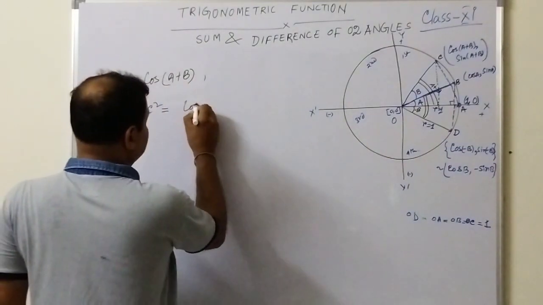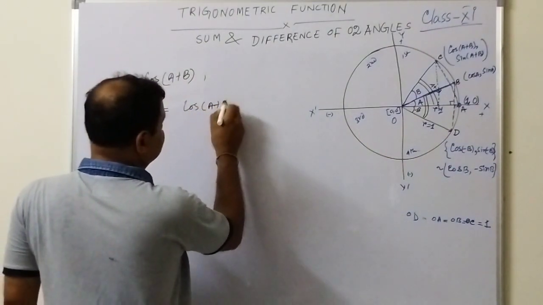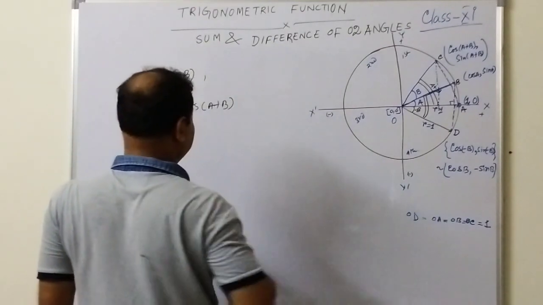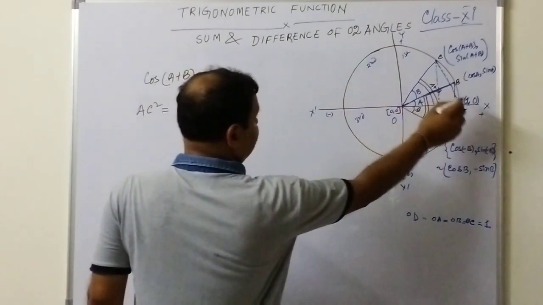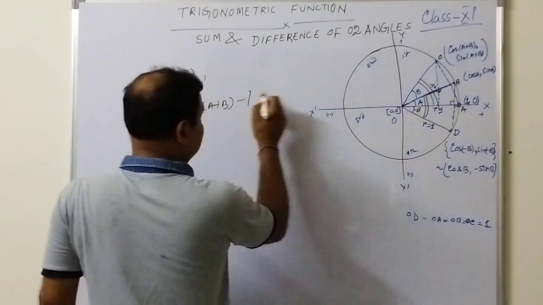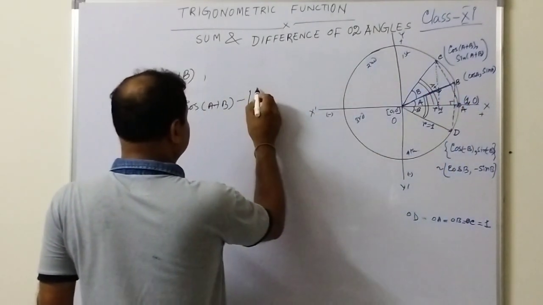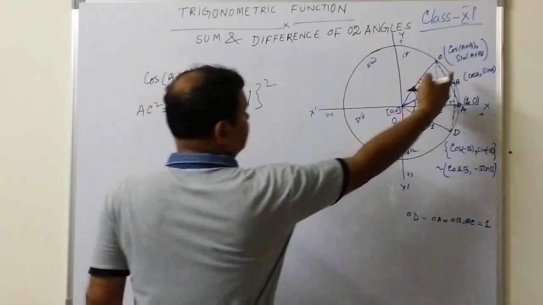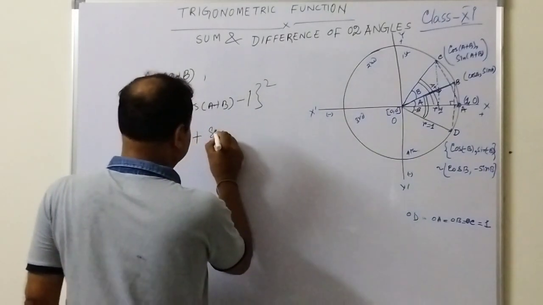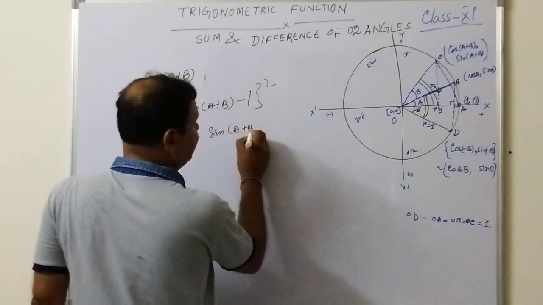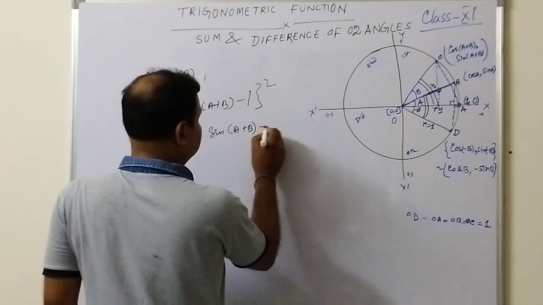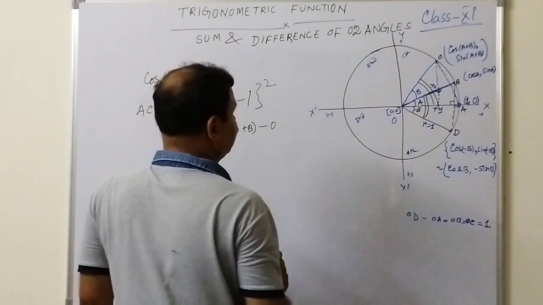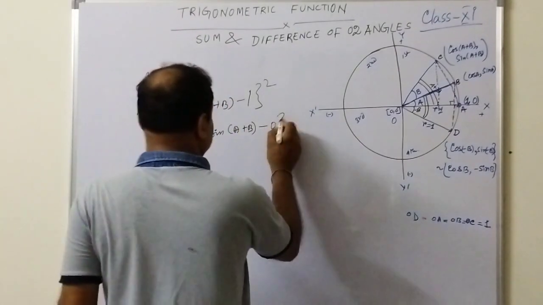So this is cos A plus B whole square, cos A plus B minus, this is the cos coordinate here, the base coordinate is this one, so this square, plus sin A plus B minus, this is 0, sine square.